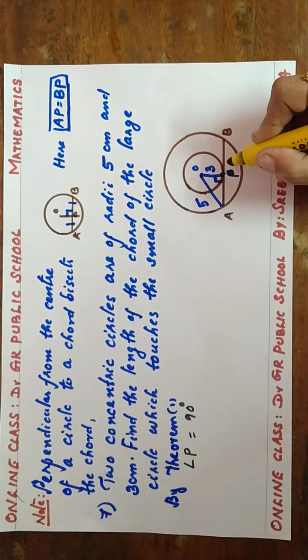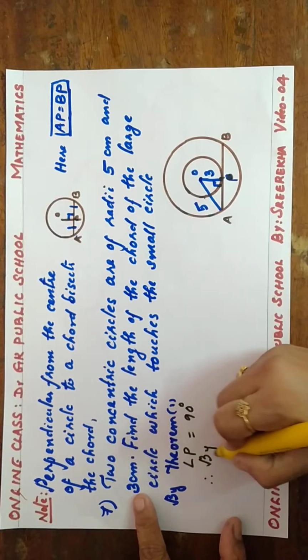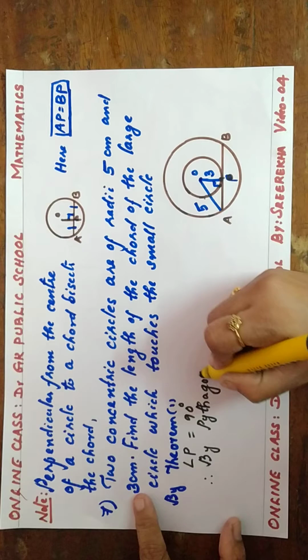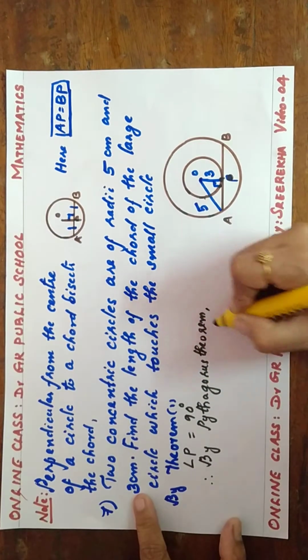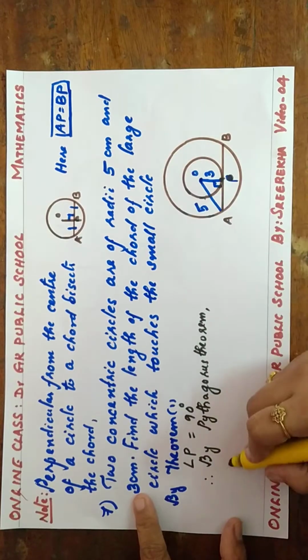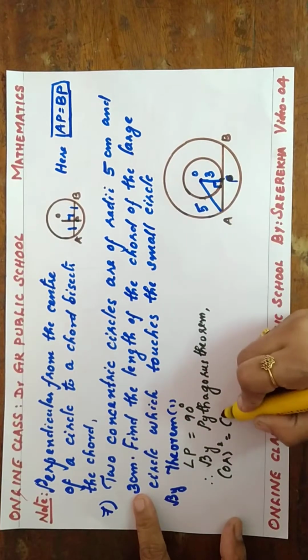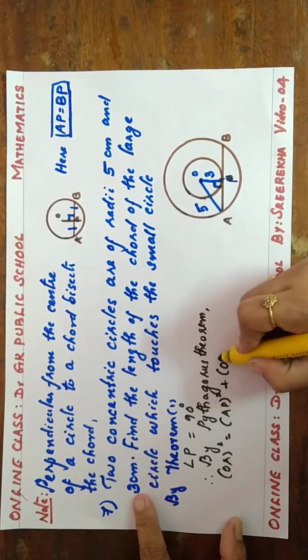If one angle is 90 degrees, you can apply Pythagoras theorem. Therefore, by Pythagoras theorem, what can you say? Hypotenuse square. Hypotenuse is the side opposite the 90 degrees. That is OA square equals the base AP square plus the altitude OP square.